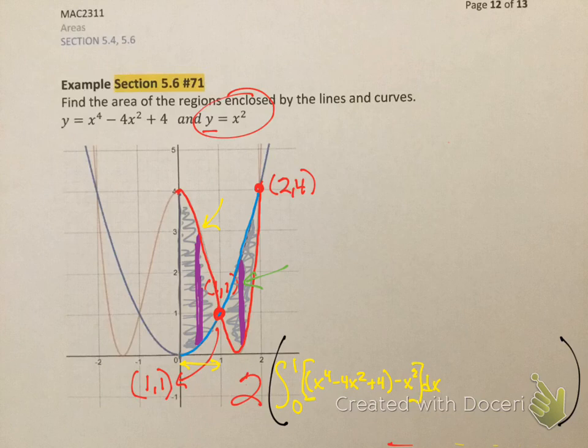All right, now let's add the green integral. So, upper curve is the blue curve. That is the parabola, x squared, minus lower curve is the polynomial, x to the 4th minus 4x squared plus 4.